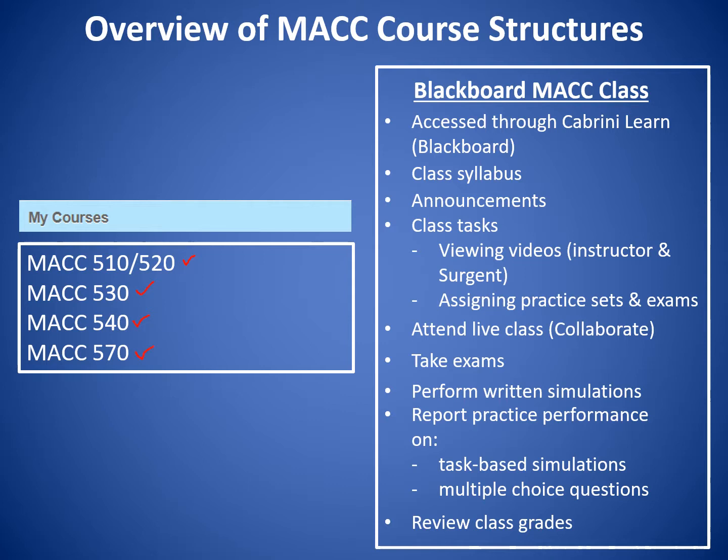When I click on any of these links, it'll take me to the applicable MAC course in Blackboard. Let's assume I'm registered for MAC 540, so I click on that. That will then take me to the MAC 540 classroom.